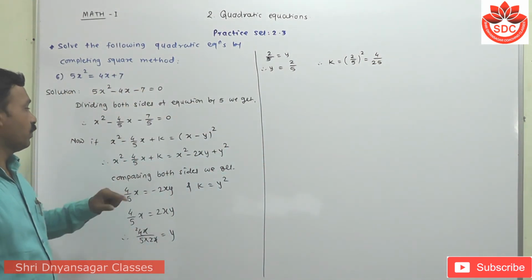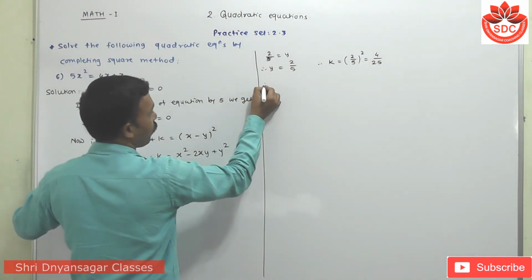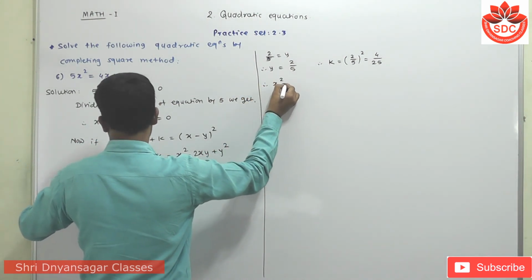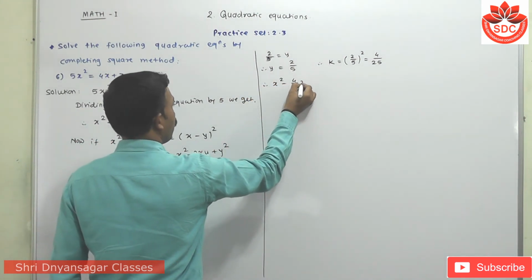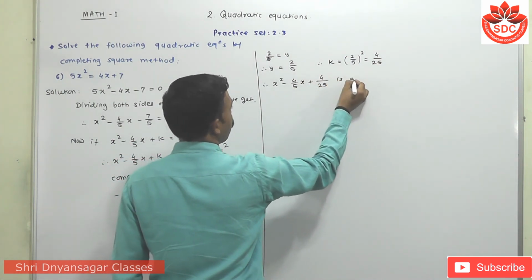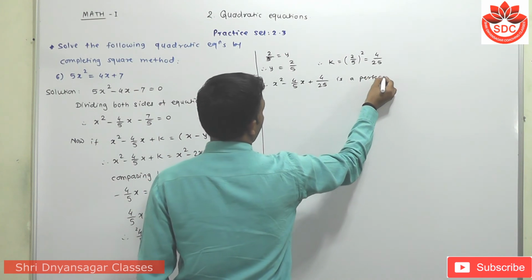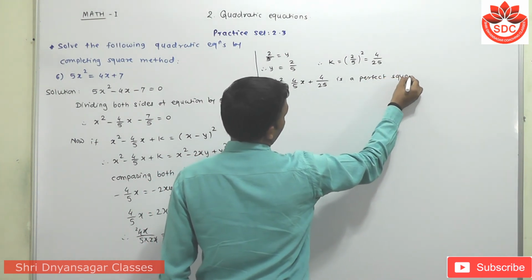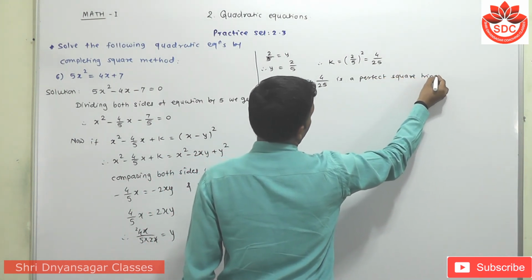Now we substitute this value here: x square minus 4 upon 5x plus 4 upon 25 is a perfect square trinomial.